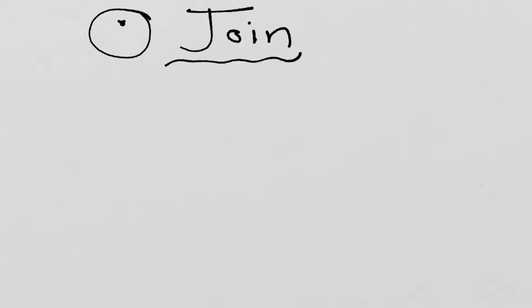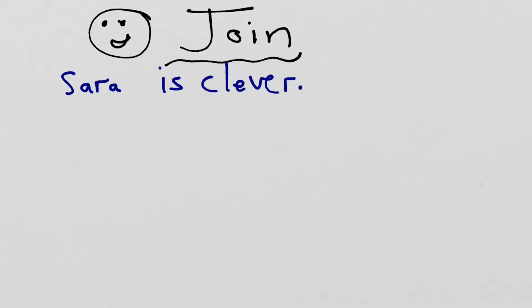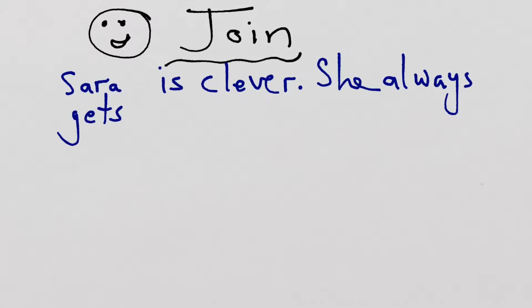Now, I'm going to teach you how to join two sentences using a relative pronoun. For example, Sarah is clever. This is the first sentence. The second, she always gets the full mark.